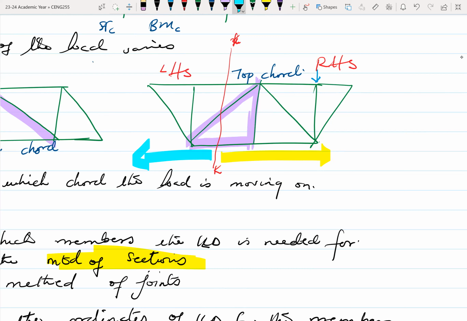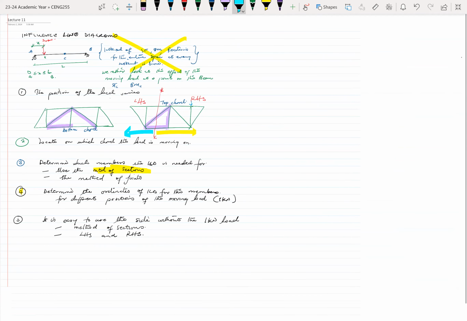It doesn't mean you cannot work with the opposite side, but usually you work with a side that does not have the moving load. All right. So that's what I mean by that. It makes for an easy calculation. All right.